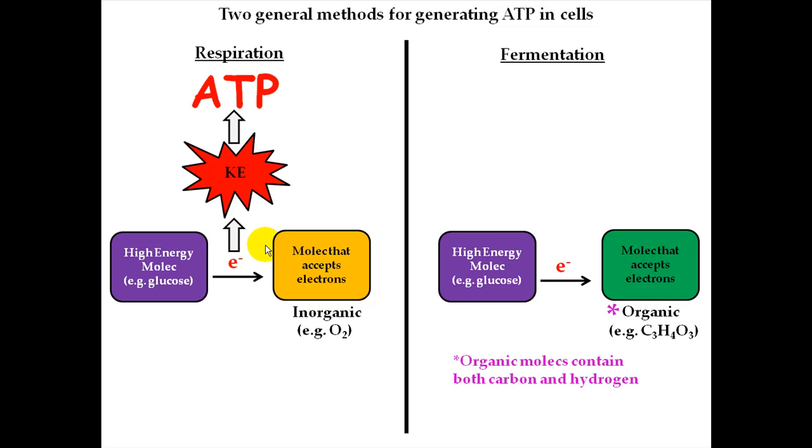And so because respiration generates electrons that have more kinetic energy, that means that there's a lot more ATP being produced during respiration as compared to during fermentation, because again, the electrons that are moving during this process don't generate as much kinetic energy, which means that the amount of ATP that's produced in total isn't as much as compared to during respiration.